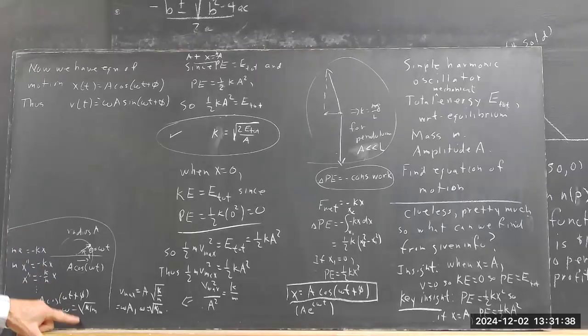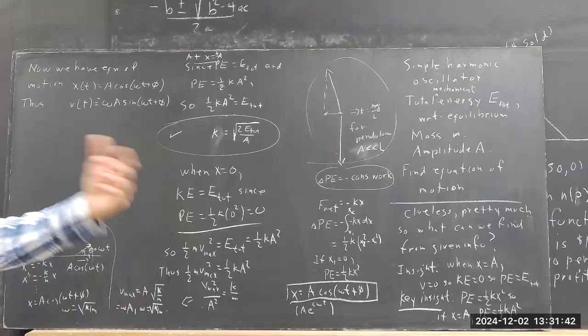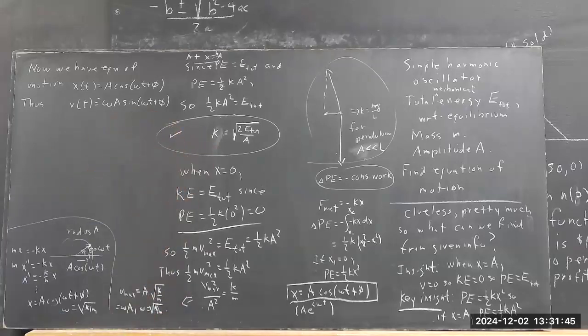The square root of k over m comes out of this differential equation. You just use your trial solution, e to the i omega t, or e to the i r t, whatever you want. Plug it in here and get your characteristic equation, solve that characteristic equation for r, and you're going to get the square root of k over m, because you're going to get r squared when you take two derivatives of e to the i r t, right?